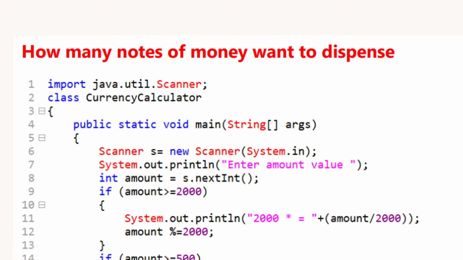If I enter 3500, the ATM will give you one 2000 note and three 500 notes, right? Try to write one logic for that program. If it is not possible, don't worry, I will explain in tomorrow's class. You will get to know very easily when I teach.